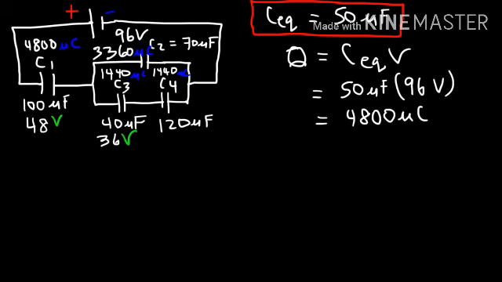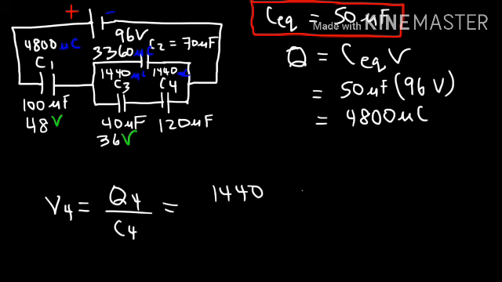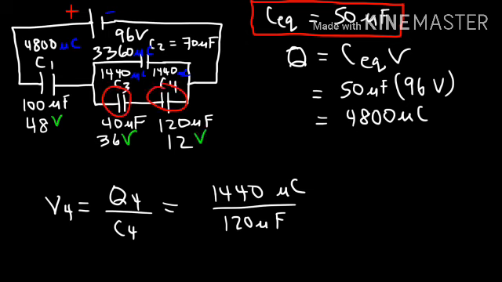Now let's do the same thing for C4. So V4 is Q4 divided by C4, and so that's 1440 microcoulombs over 120 microfarads. And so that's going to give us a voltage of 12 volts. Now notice that the voltage across these two capacitors must be equal to the voltage across that capacitor because they're parallel to each other.